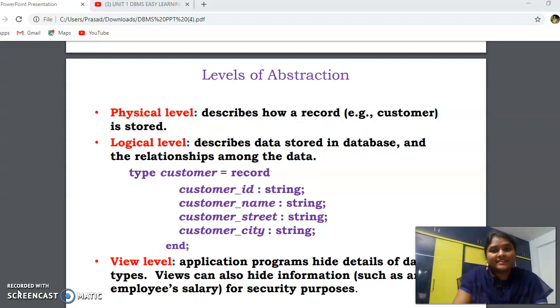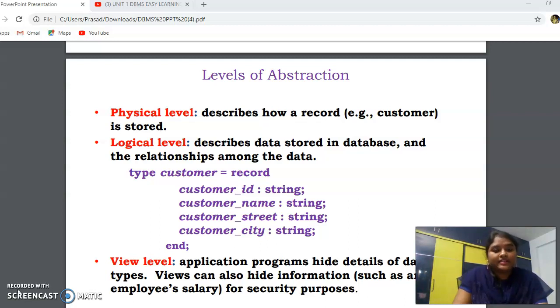Do you know how data is stored in a database? It is stored in the form of blocks. And data structures are used to maintain this database. What are these data structures? How data is stored is maintained by a few data structures that we have studied in first year. So I think you got a clear idea what is physical level.